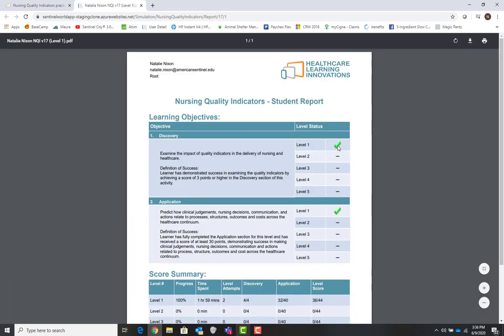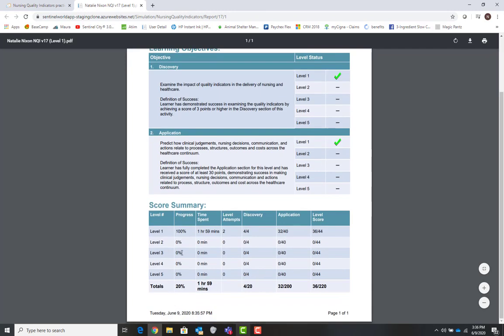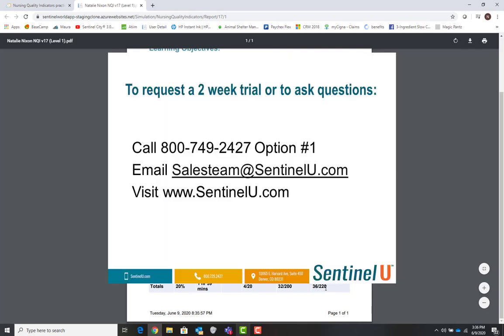You can see level 1 is now complete. You can also see exactly how much time the learners spent doing that level, and their total scores through both the discovery and the application. There's a very nice summary at the bottom as well, where you can see the total time spent.